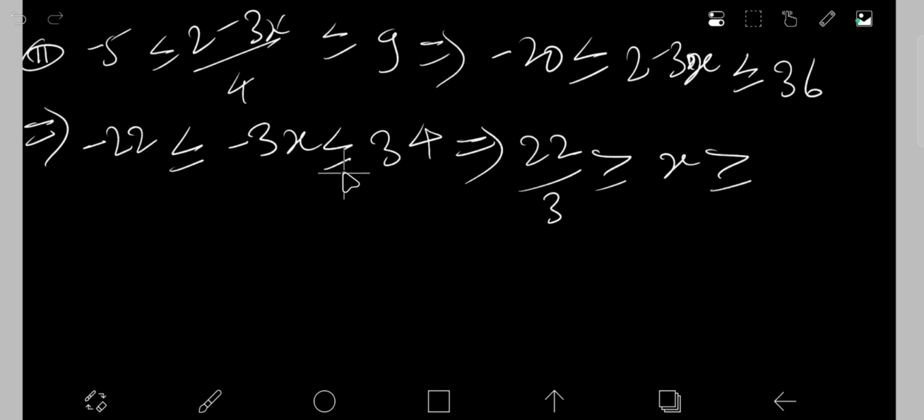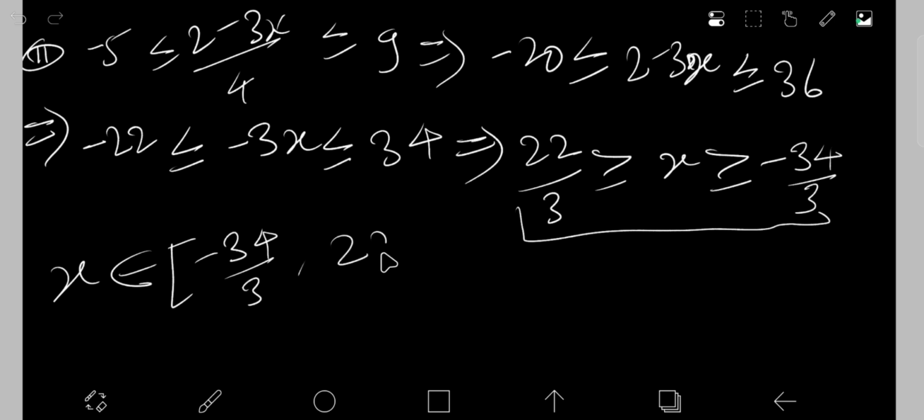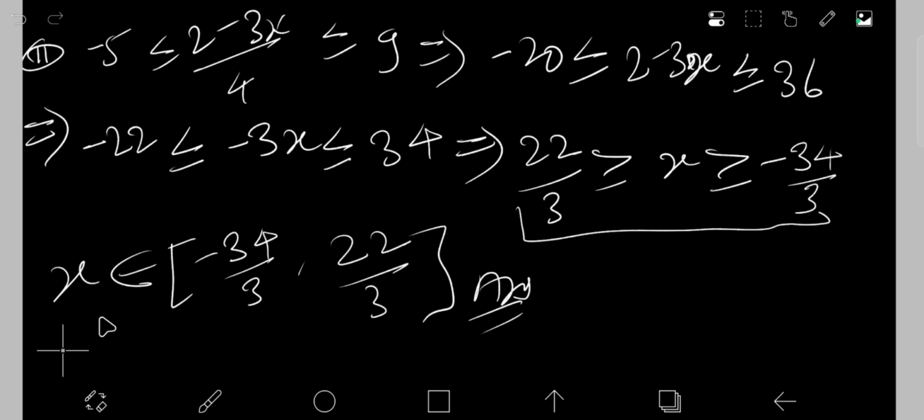This is less than or equal to, so it changes to greater than or equal to, minus 34 by 3, because here we multiply by minus 1 by 3, means we divide by a negative number. So x is lying between the smallest value minus 34 by 3 and the greatest value 22 by 3. This is our answer. Okay.